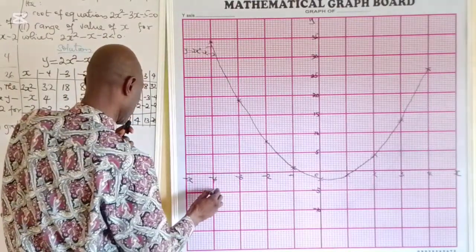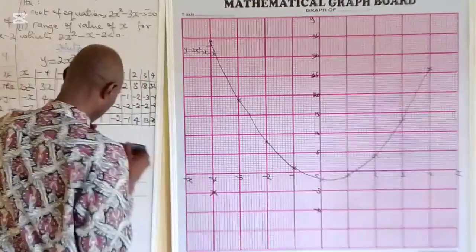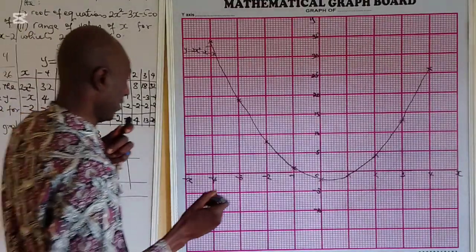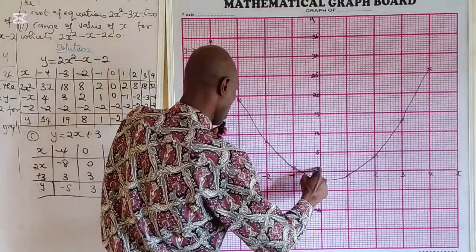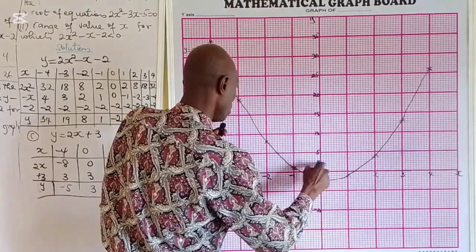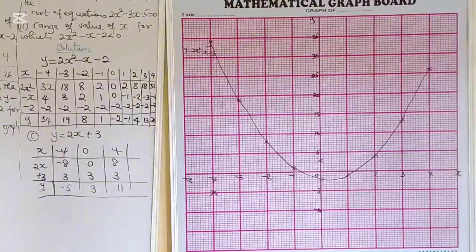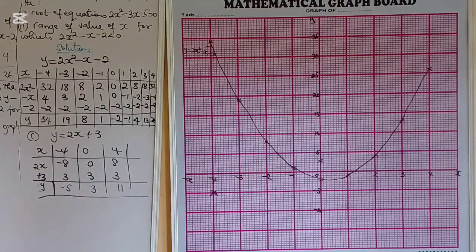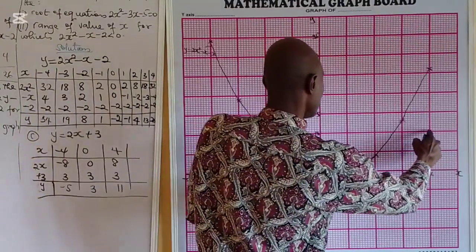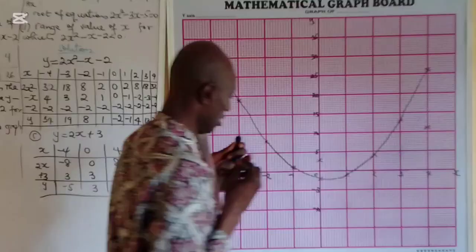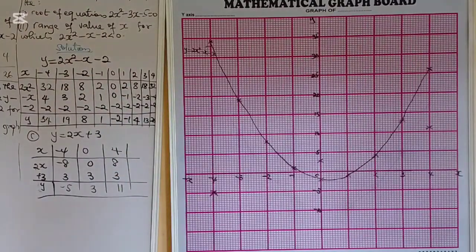Look at minus 5. Plot there. When x is 0, y is 3. Look at it. 1, 2, 3. I will mark another place there. When x is 4, y is 11. 10, 11. So this is a straight line graph.